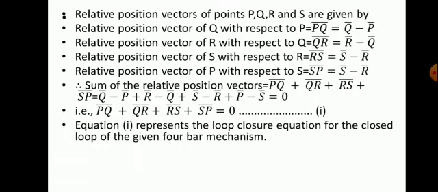Therefore, PQ plus QR plus RS plus SP is equal to 0. This is equation 1, which represents the loop closure equation for the closed loop of the given 4-bar mechanism.